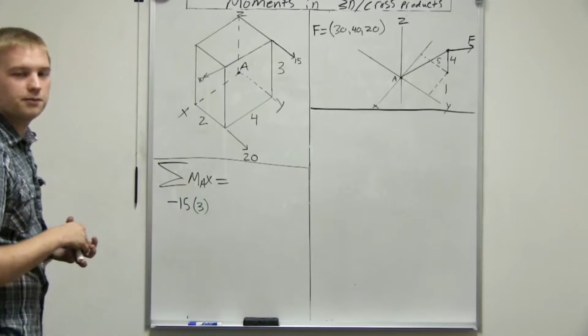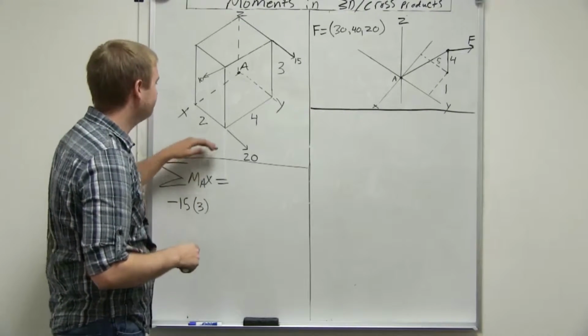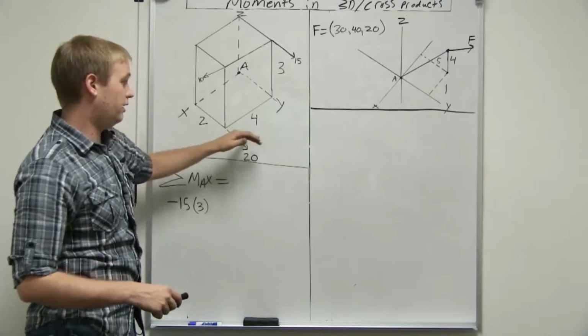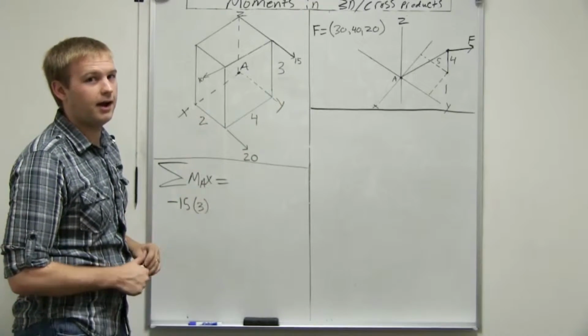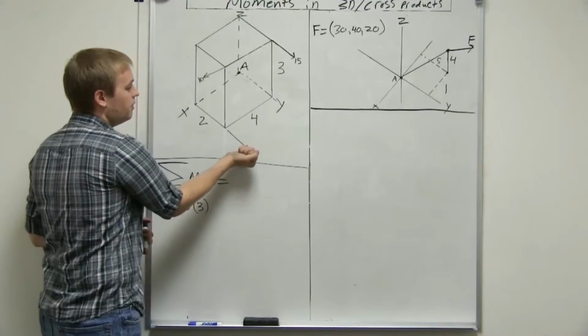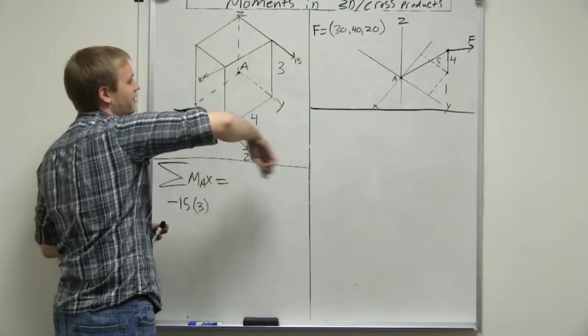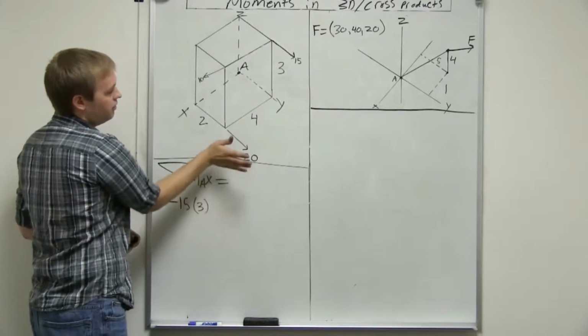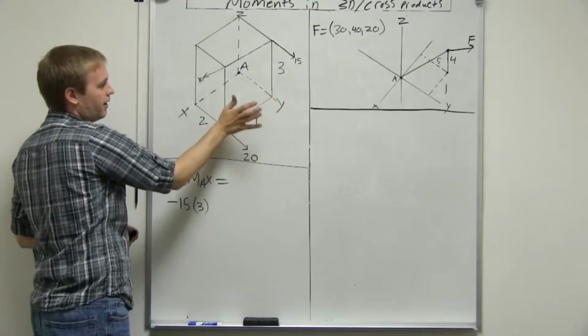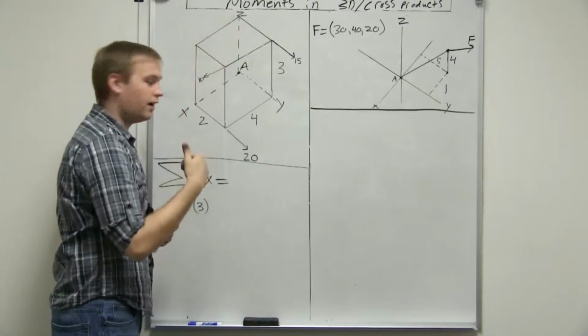It's the same here. If it passes straight through the axis, it doesn't create a moment about that axis. Okay, and it's also parallel to the y-axis, so it can't create a moment about the y-axis. The only axis that it can create a moment about is the z-axis. It's going to cause it to rotate like that. So we'll wrap our hand around, and it's pointing up, so it's going to be a positive moment.